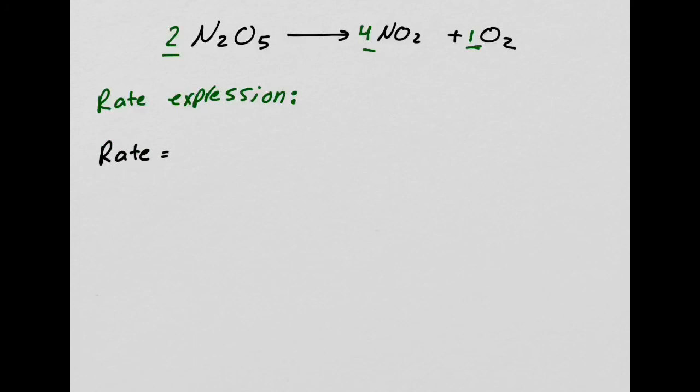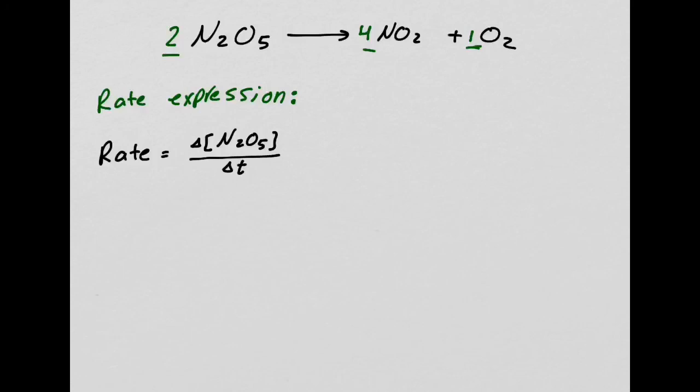I can write a rate expression for any of them, right? I'm going to write it for the reactant first. My reactant is N2O5, and the rate expression would be the change of concentration of N2O5 over delta T. You guys agree with that?